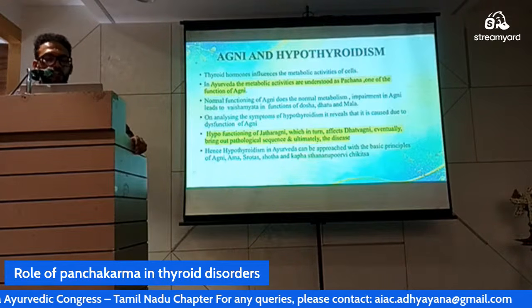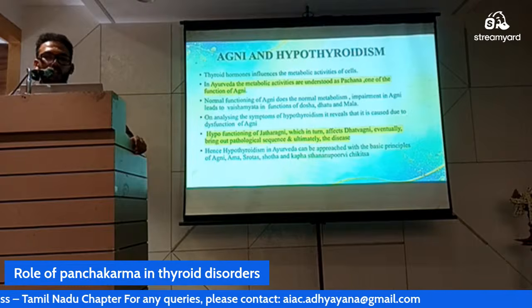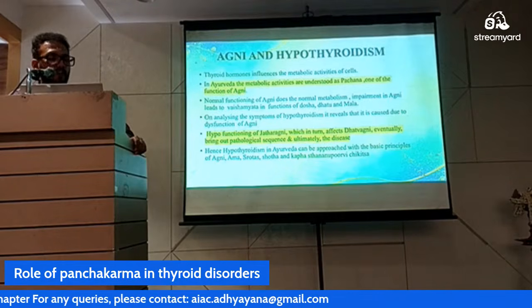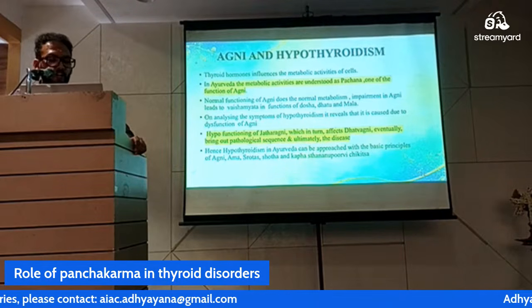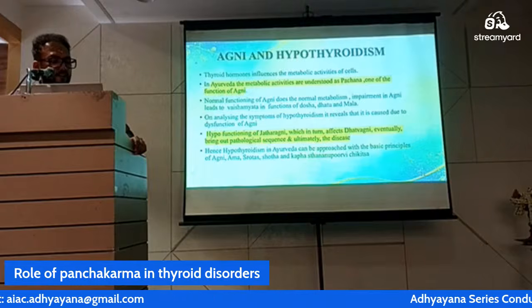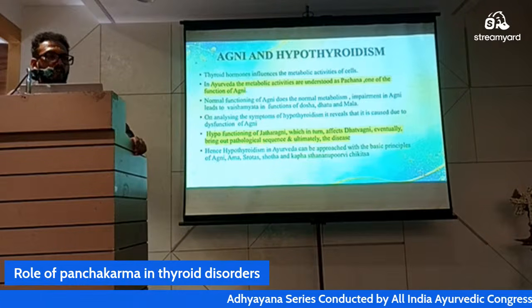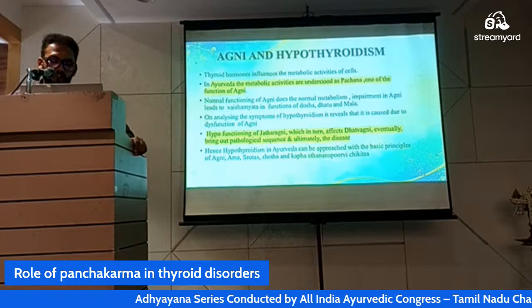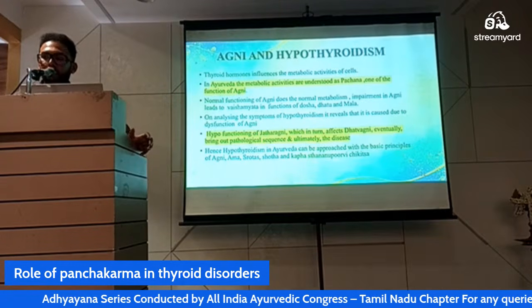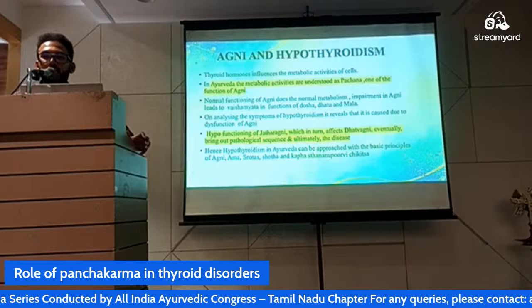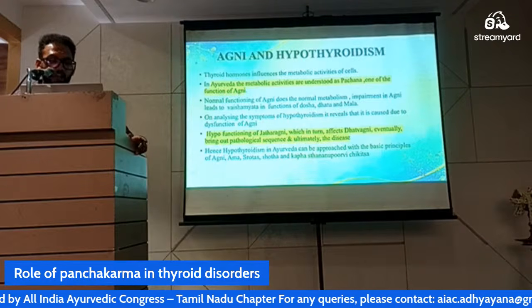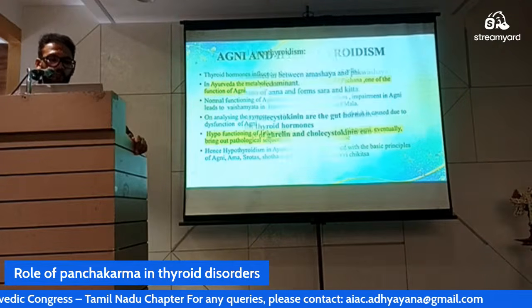So hypofunctioning of the Jatra Agni in turn affects the Dhatva Agni and eventually brings out the pathological sequence and ultimately the disease. Hence hypothyroidism could be correlated to Jatra Agni Mandya, which leads to Dhatva Agni Mandya. The principles of treatment should be on treating the Agni, Ama, Srotas and Kapasthana, and Purva Chikitsa should be done.